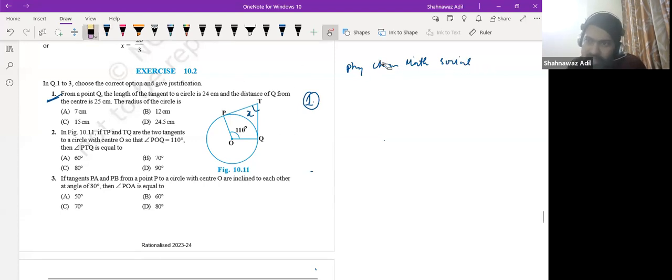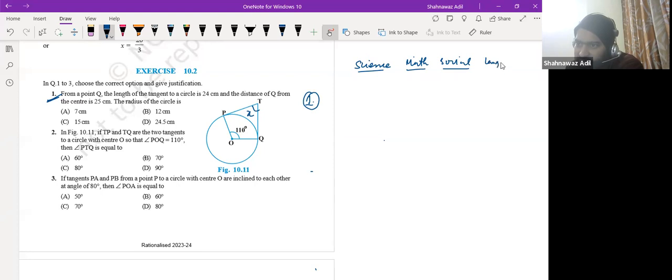Let's say this is science, then you have math, then you have social science, and then you have language subjects. For this you don't need that much time. The language part you won't require that much time. What are the language subjects that you have? English and Hindi. Do you have Urdu or any other language? No.